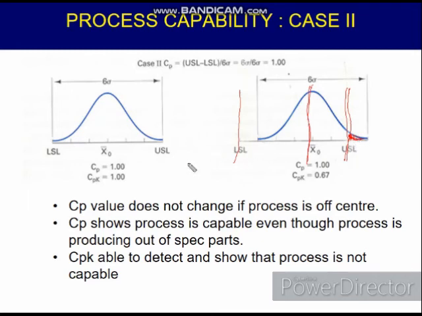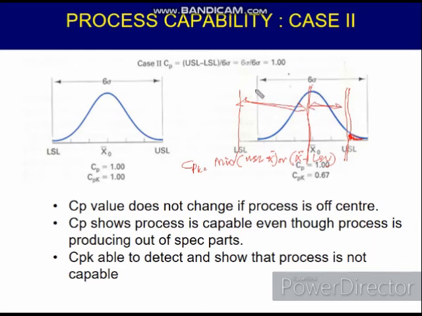Again, CPK is equal to the minimum of either upper spec limit minus X bar, or X bar minus lower spec limit. So it's either this or this. Right?